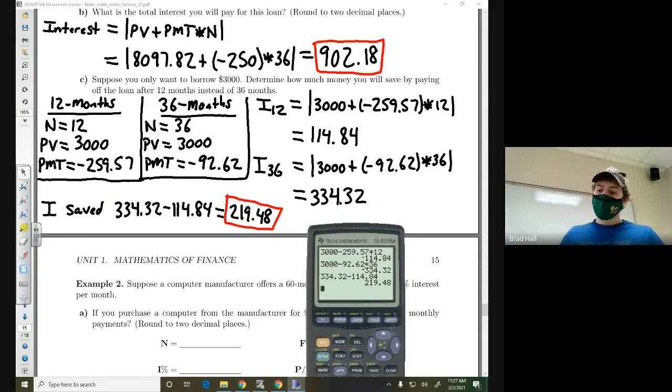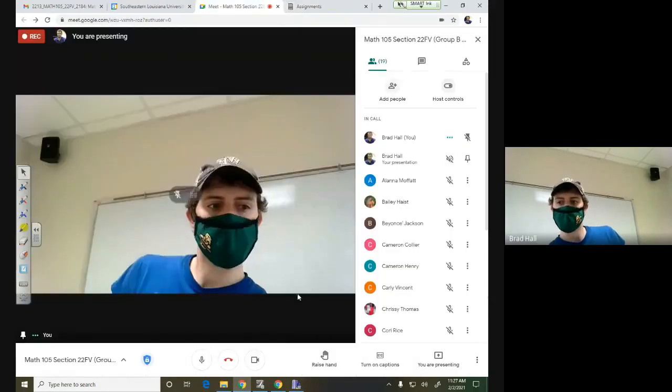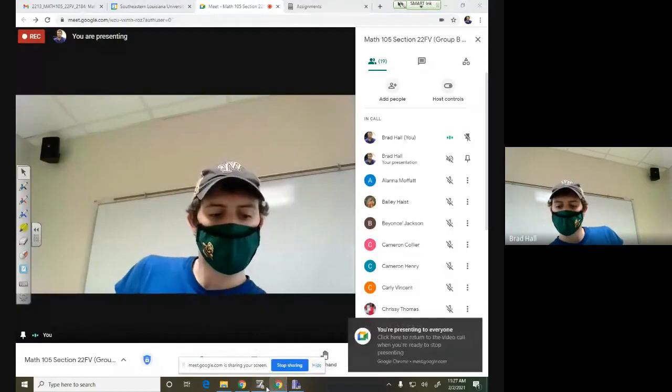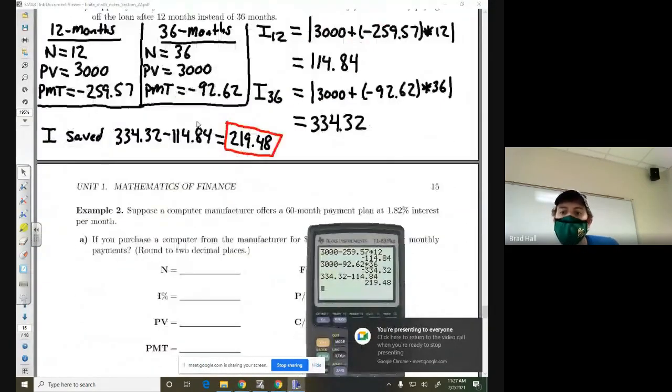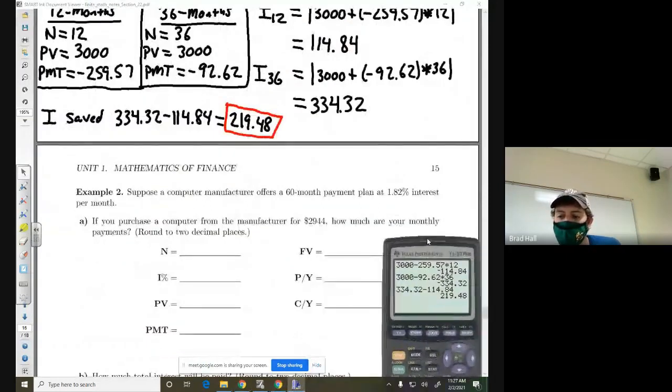Does anyone have any questions before we move on to the next example? If not, let's go ahead and see example 2. Scroll down to example 2 now.